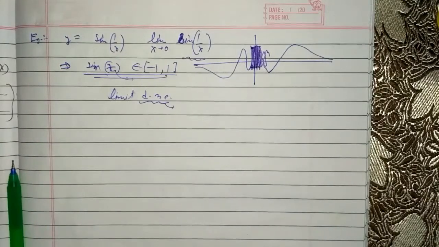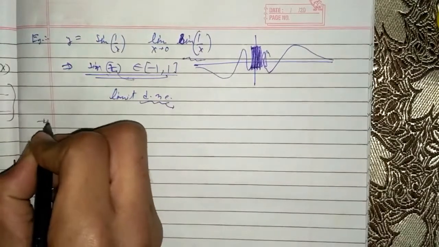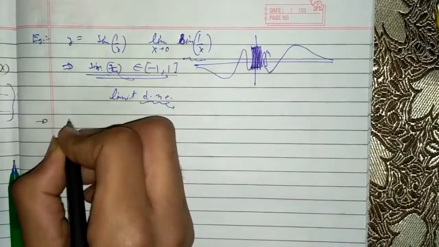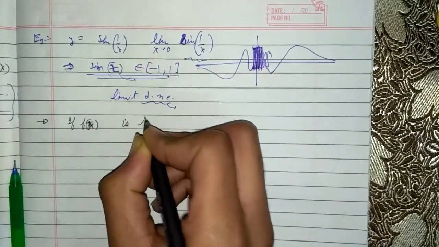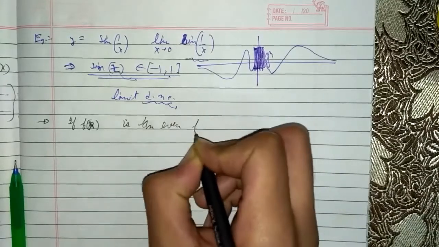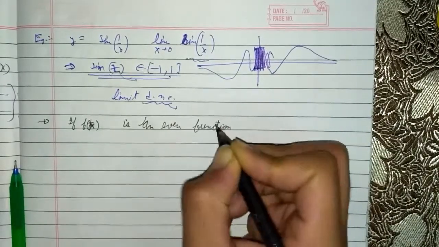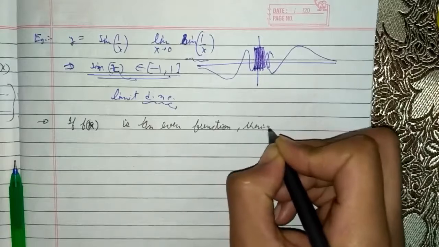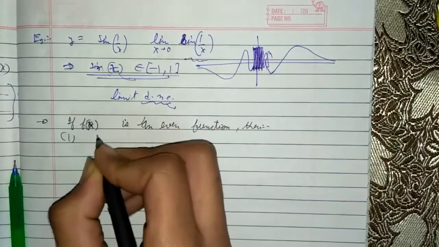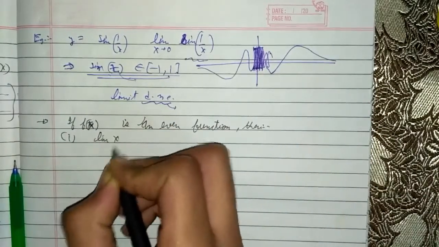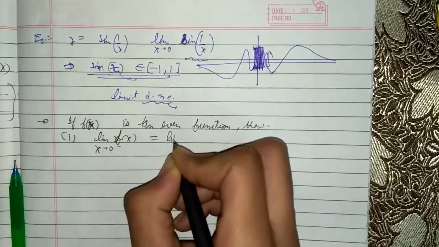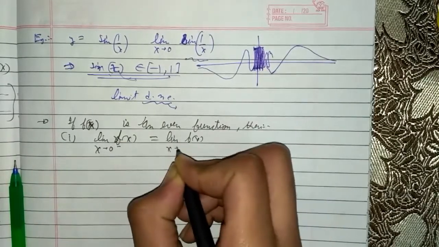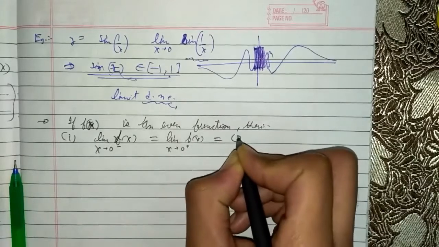Okay, so now two important points. If f of x is an even function, then we have limit of f of x as x tends to 0 minus is equal to limit of f of x as x tends to 0 plus.